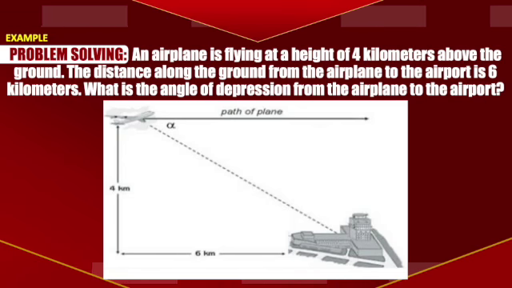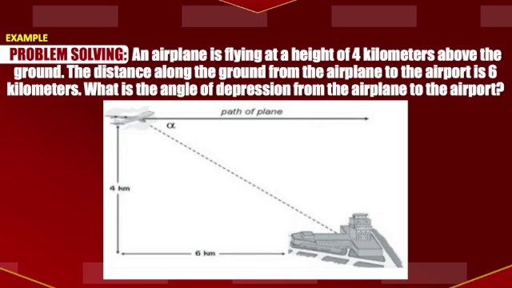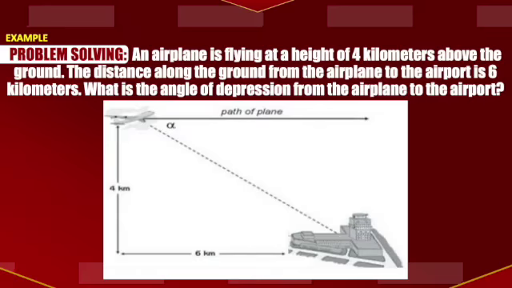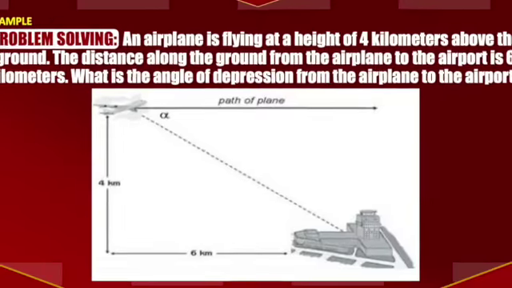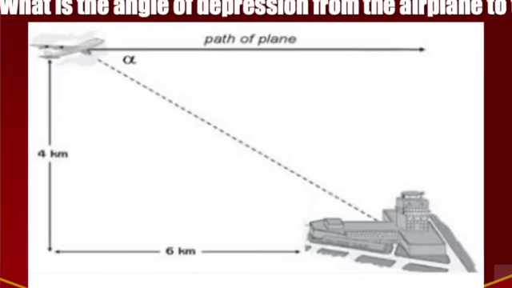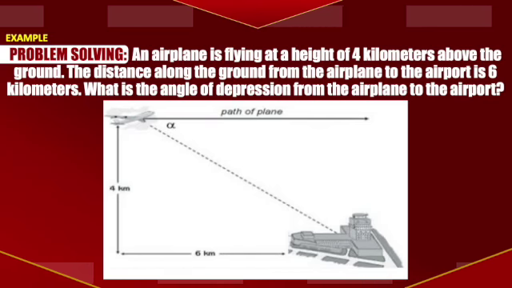And the distance along the ground from the airplane to the airport is 6 kilometers. Then the question is, what is the angle of depression from the airplane to the airport?